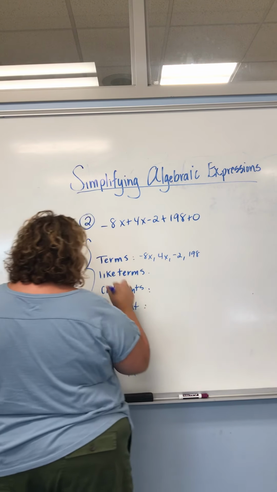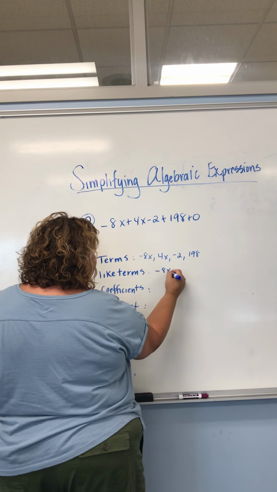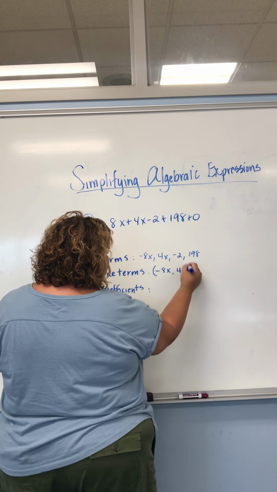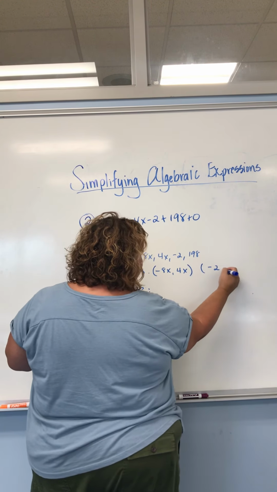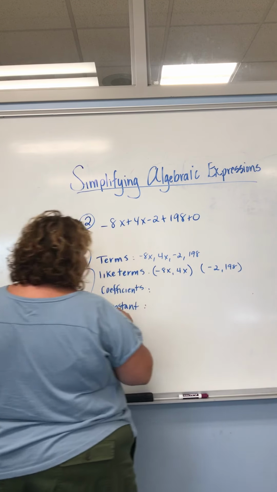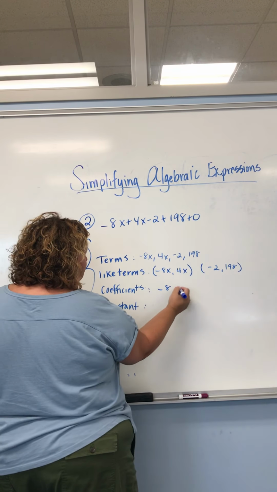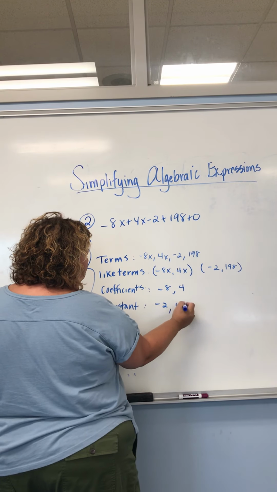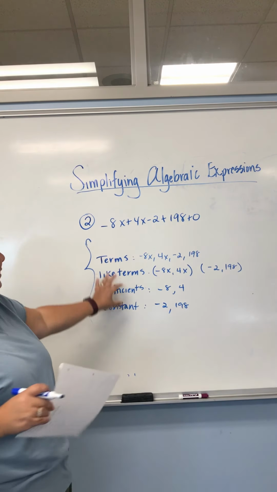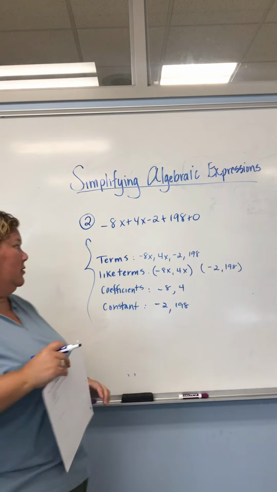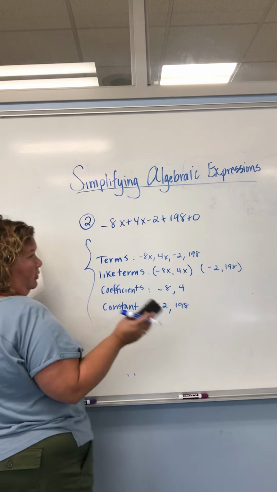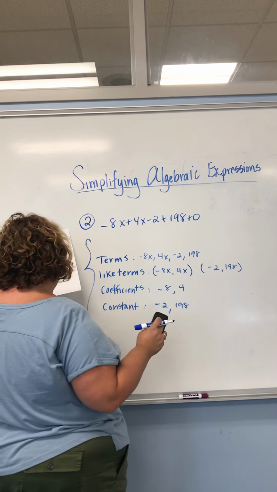No. Like terms: negative 8x, 4x, and also negative 2 and 198. Coefficients, negative 8 and 4. And the constants are negative 2 and 198. So you should be getting used to these vocab words. Hopefully you got that correct. If you didn't, go back to number 1 and listen to that again.